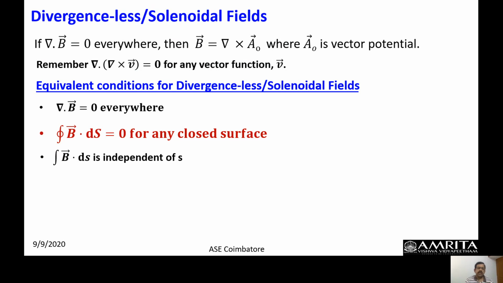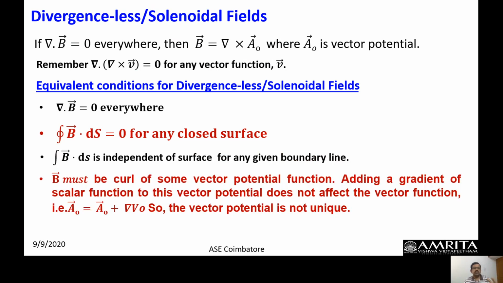The last one is that the potential function associated with B is not unique. Here we talk about the vector potential A naught.